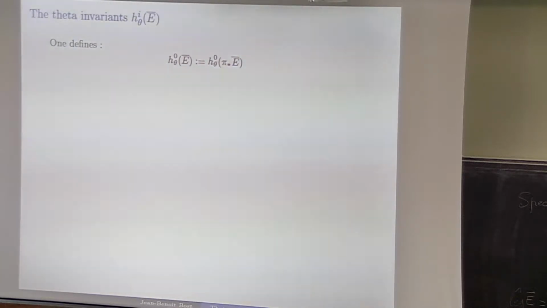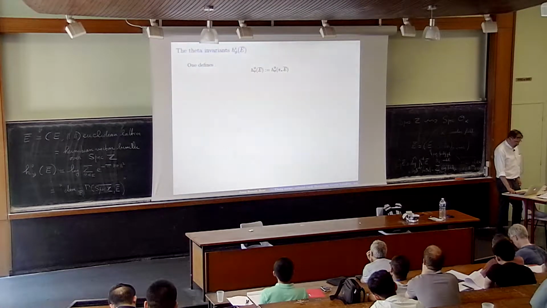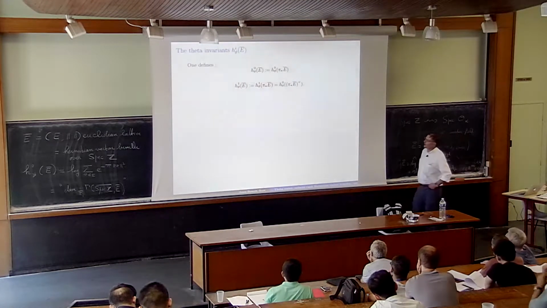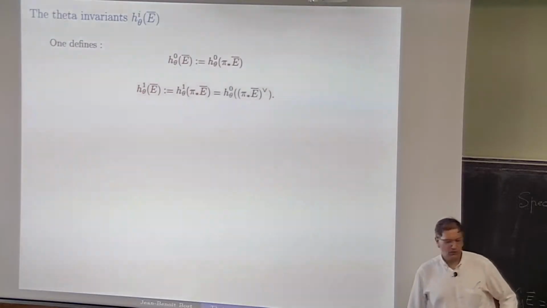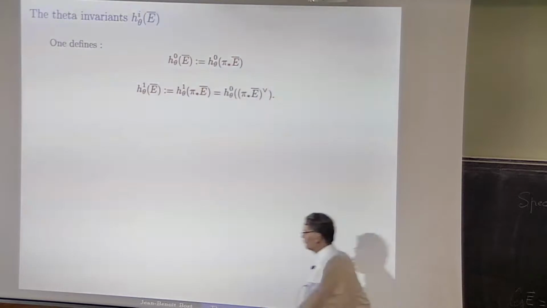Now, it's quite natural, if you mimic the geometric situation, to define H0 theta of E bar, in the general case over Spec O_K, as H0 theta of its direct image. If you are in the geometric situation, it's tautological. And it's also quite natural to define H1 as H1 of the direct image, and H1 for a Hermitian vector bundle over Spec Z. For a Euclidean lattice, basically you have no choice because of the Poisson formula.